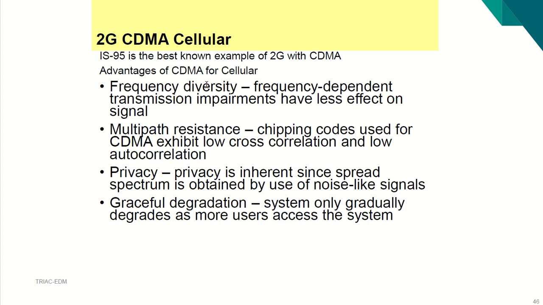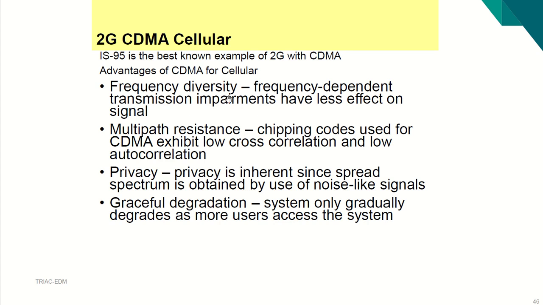In the time and frequency domain, it occupies all frequencies and all times, except the users are identified, divided, by code. That's what we mean by code division multiple access.